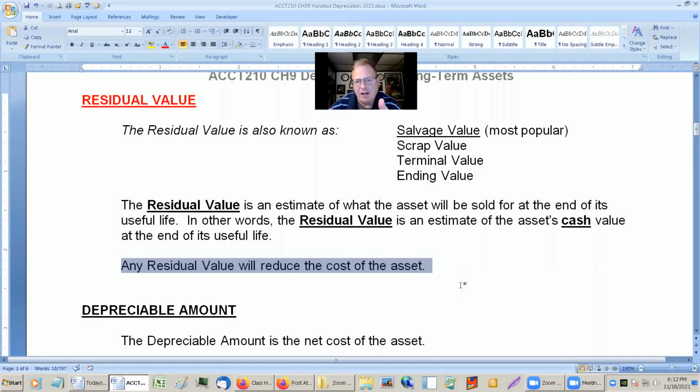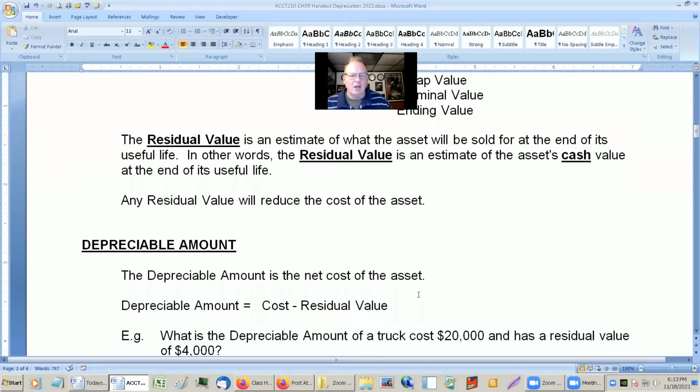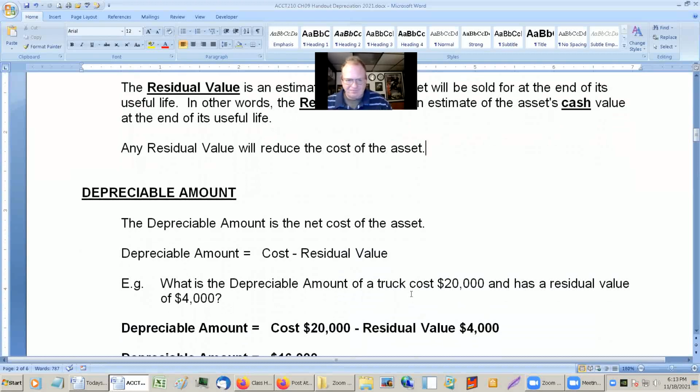So it really doesn't cost $800, right? The cost of it is going to be 800 minus the 150, whatever that is. So the residual value will reduce your total cost for the asset because it's money you're going to get back. You pay out money for the asset, but then at the end you get something.